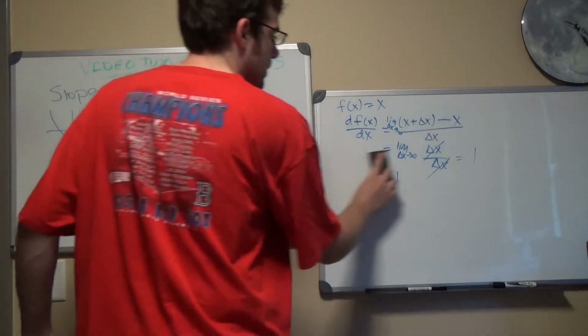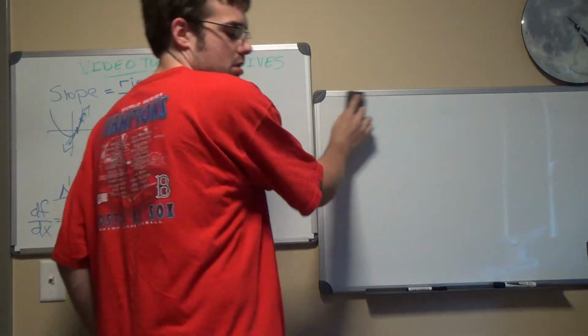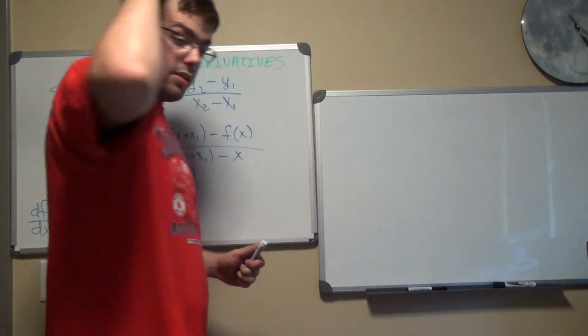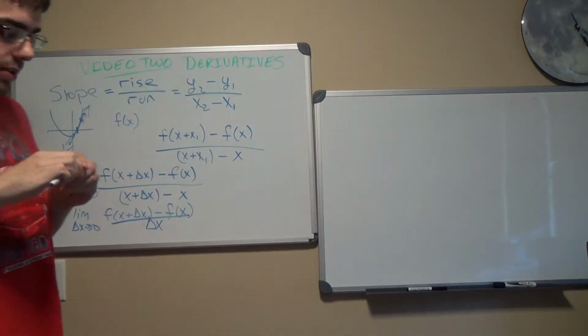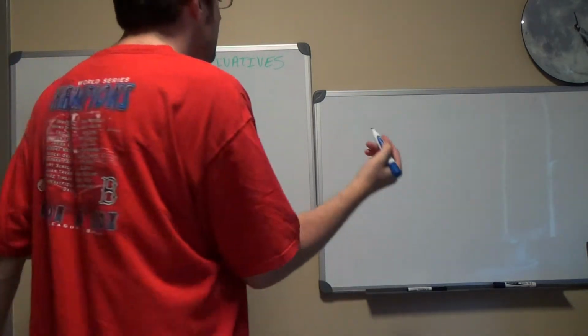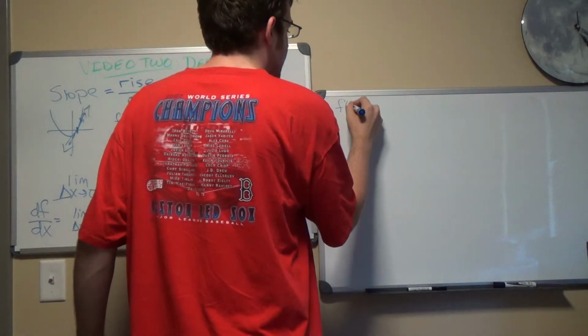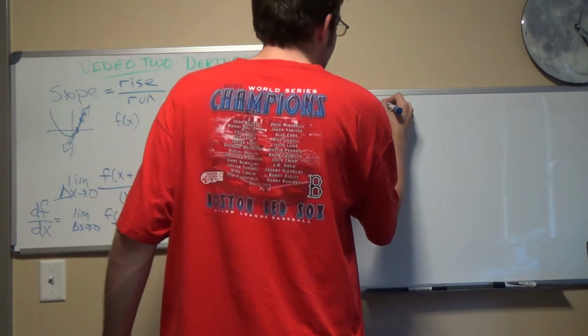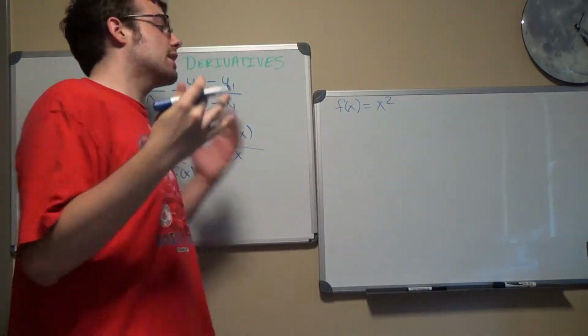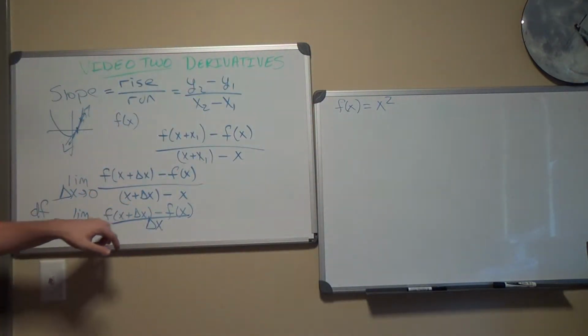Okay, so I'm going to keep everything on this side of the board. And let's do a couple more examples. Let's say f of x now is x squared. So once again, doing this rule, f of x plus delta x.